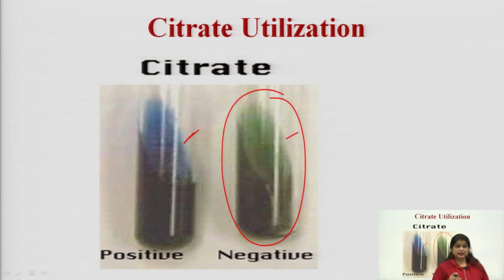So, in this whole lecture, we have mainly focused on the biochemical tests. In biochemical tests we have covered the IMViC test. In the IMViC test, I first covered the indole production test, second the methyl red Voges-Proskauer test, and in the last the citrate utilization test.